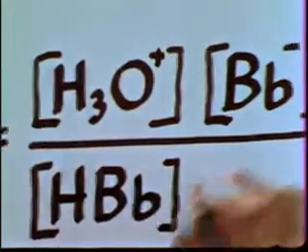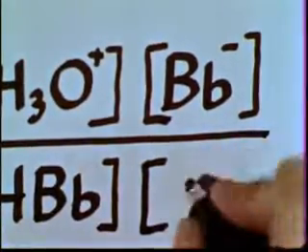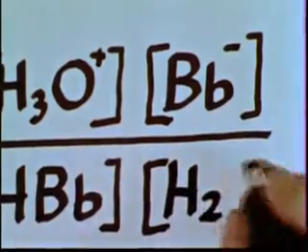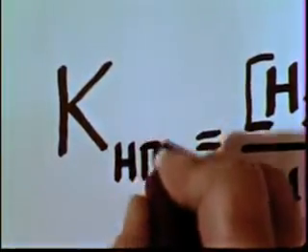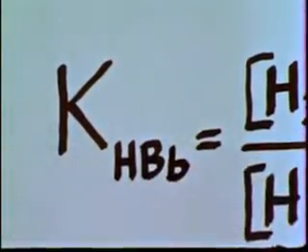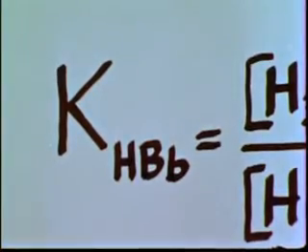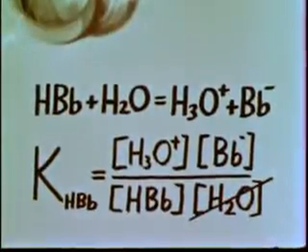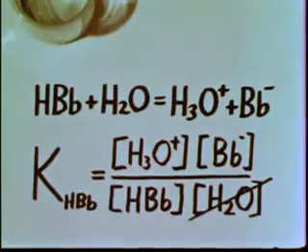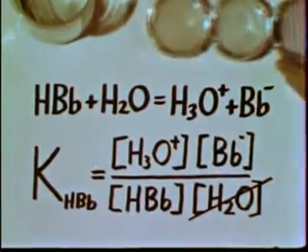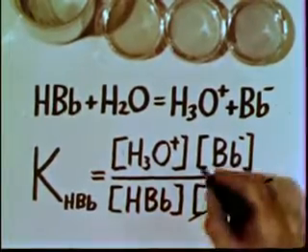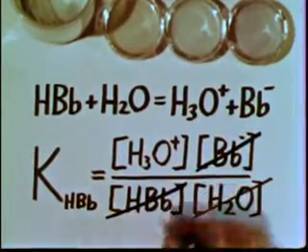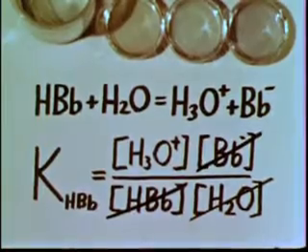The concentration of HBB, the yellow form of the indicator, is multiplied by the concentration of water. The concentration of water does not vary, so we can incorporate its value with K to give us a new constant, KHBB, the ionization constant of bromethymol blue. In the water solution, the concentrations of the blue and yellow forms are equal. Since these concentrations are equal, the ionization constant equals the hydronium ion concentration in the neutral water.